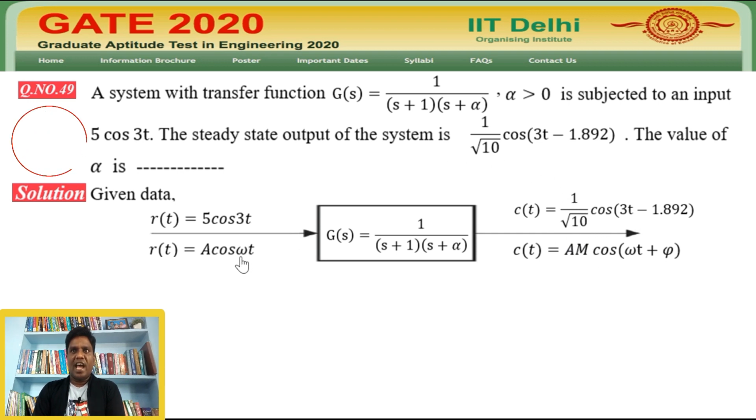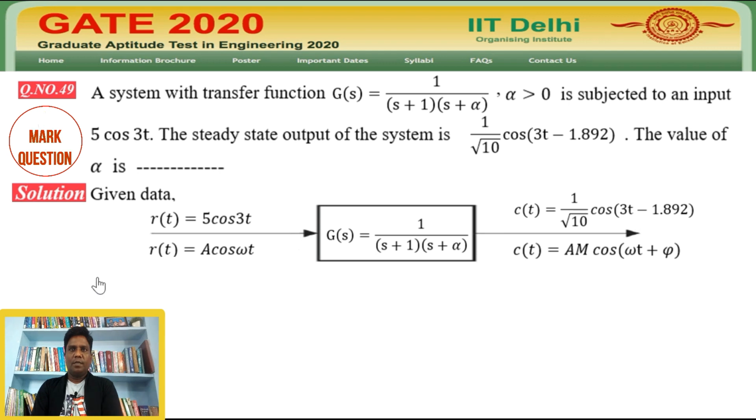The angular frequency omega equal to 3 does not change for the cosine term at input and output, and the input angle phi equal to 0 is changed into the output angle phi equal to minus 1.892 for this problem.